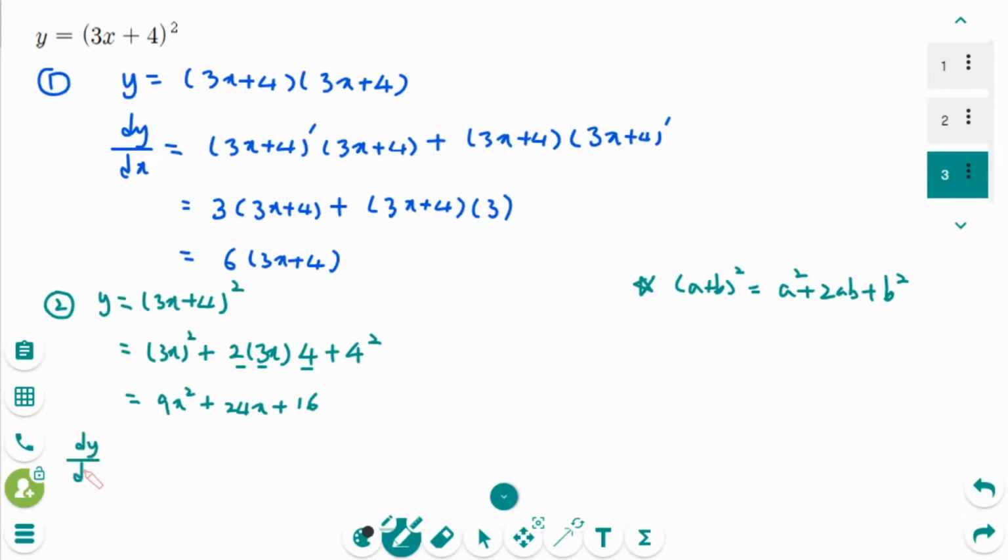Then dy/dx equals 18x plus 24. Taking out the common factor 6, we get 6 times (3x plus 4).